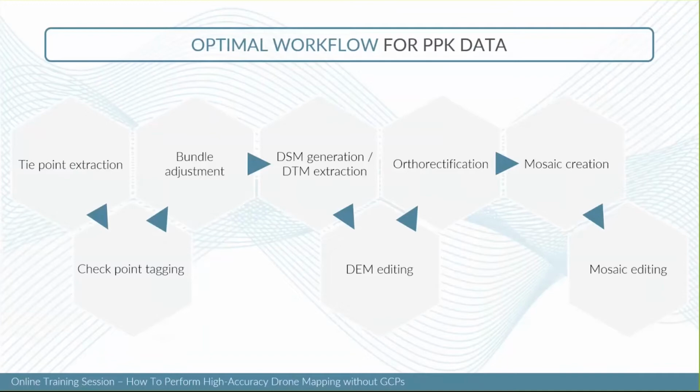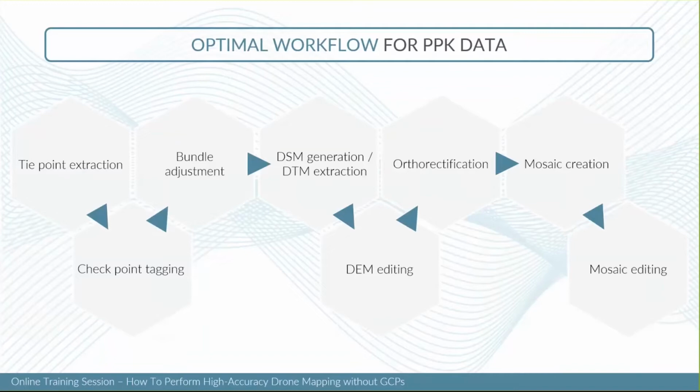Once you have a good solution for your aerial triangulation, you'll be able to extract a surface model in raster form or in a point cloud, depending on your needs. From this surface model, Correlator 3D will also be able to generate a terrain model, and you could also, if you want, edit your surface model or your terrain model to have results that are up to your needs.